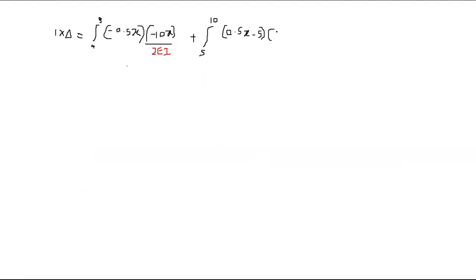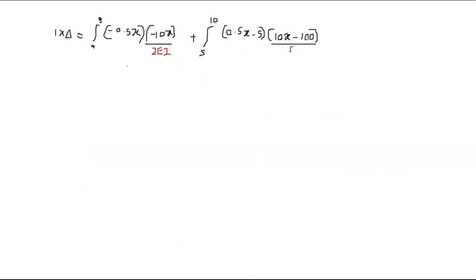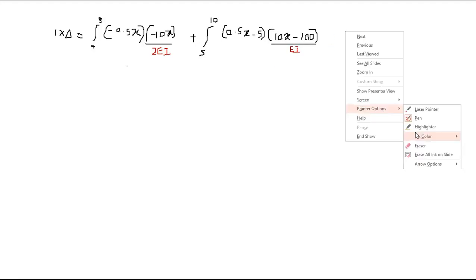And then M over EI. This is the bending moment of the real system. That is going to be EI. So now it's just a matter of simplifying everything, and that should give you the bending moment.